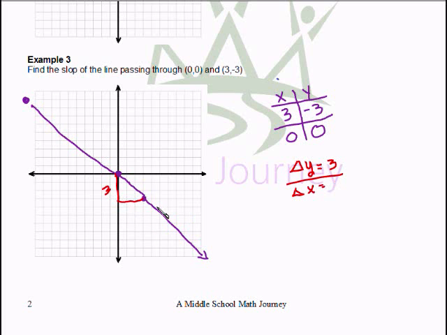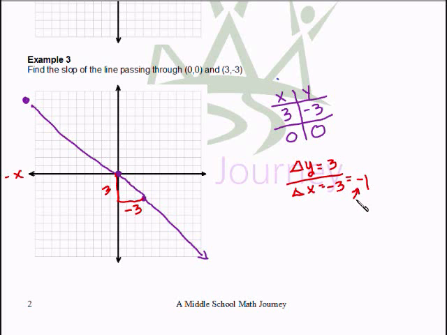And my x, I always start at the point, and I'm going toward the x negatives, which is 1, 2, 3. I'm moving toward the negatives, because if you remember, these are my x negatives. So it's going to be negative 3. And when I reduce 3 divided by negative 3, my slope is going to be negative 1. I can tell I have a negative line because my slope is negative.